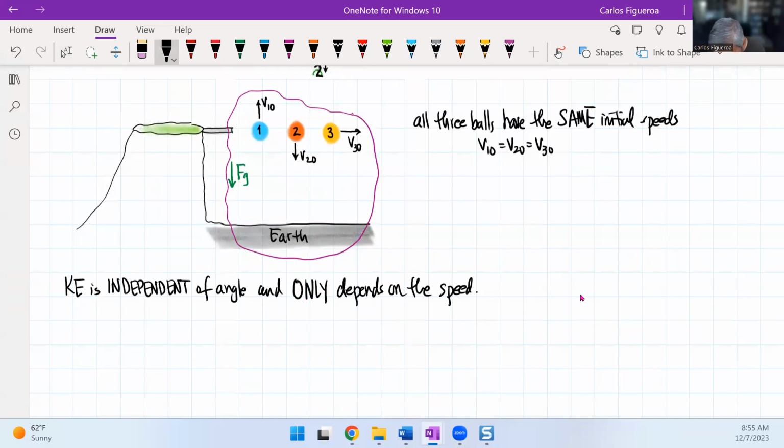That's pretty hard to believe, and let me show you why that might be the case. Suppose we have a velocity vector.